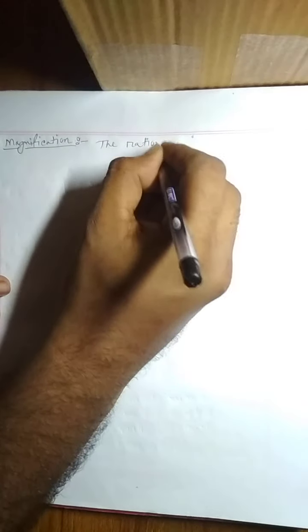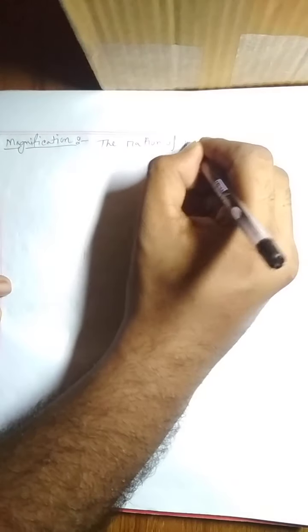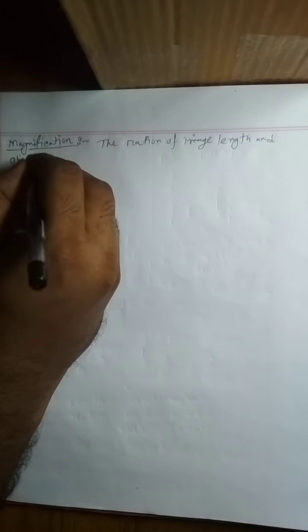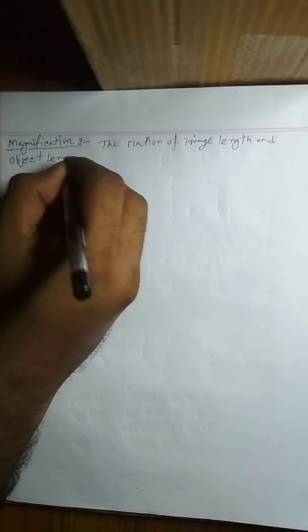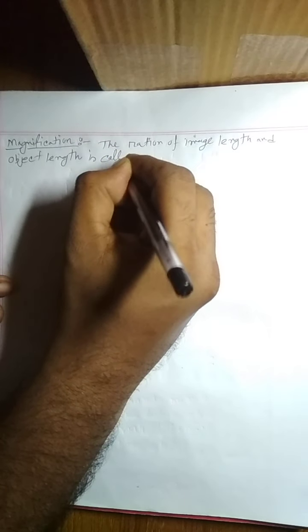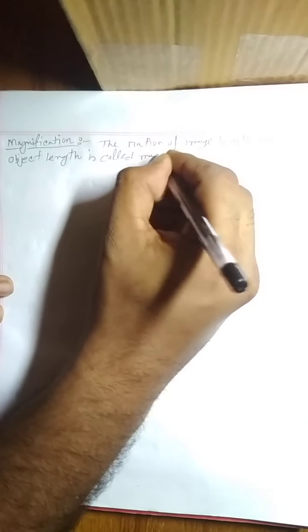The definition of magnification is like that: the ratio of image length and object length is called magnification.